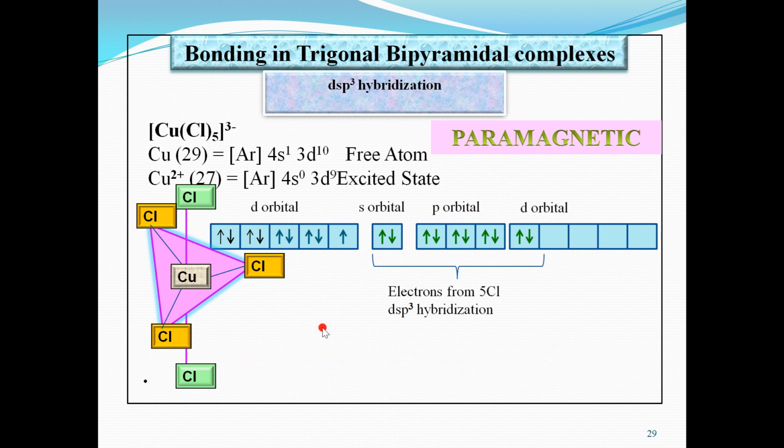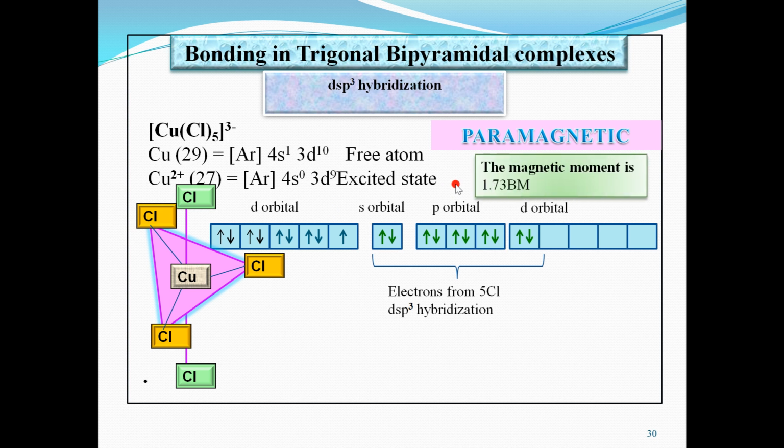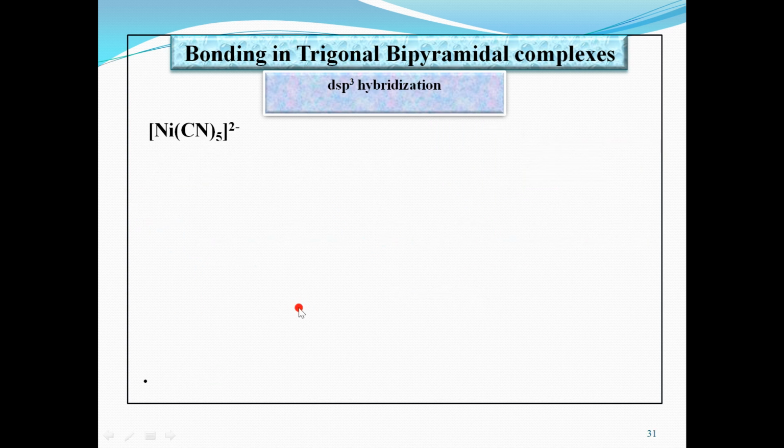Here it is paramagnetic, because in this hybridized state there is one unpaired electron. So we use again the formula to calculate the magnetic moment value. Mu is equal to the square root of n into n plus 2. So put the value of n equal to 1. So ultimately that comes to 1.73 Bohr magneton. This is the magnetic moment, and it is paramagnetic in behavior.